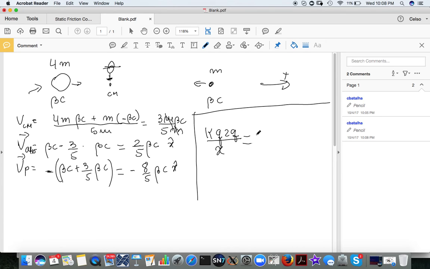The initial kinetic energy is equal to half the mass of the alpha particle, which is 4 times the mass of a proton, times the velocity squared of the alpha particle, which is this number here.